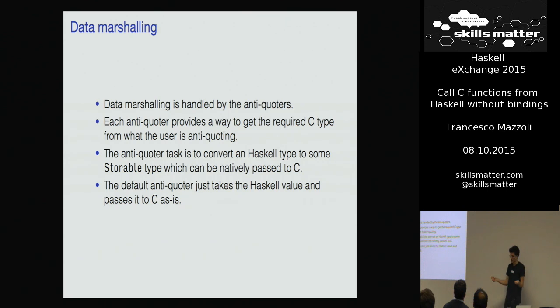For more complicated types like vectors or bytestrings or functions, the anti-quoter handles this business. Basically, when you define a new anti-quoter, you need to provide a function that is able to marshal this data.